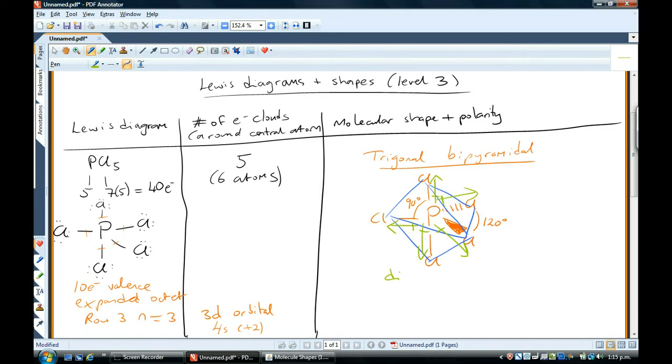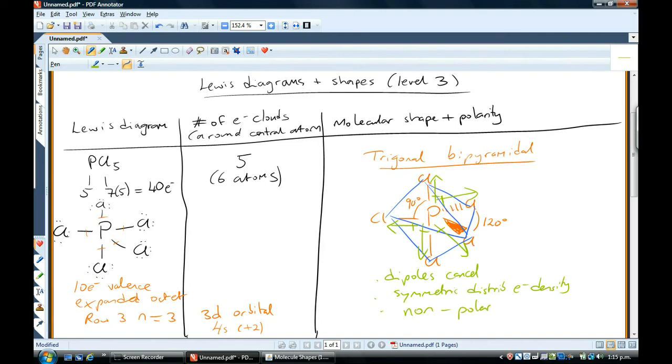So because all the dipoles cancel, the electron density is symmetrical, so you have a symmetric distribution of electron density, and as a result the molecule itself is non-polar.